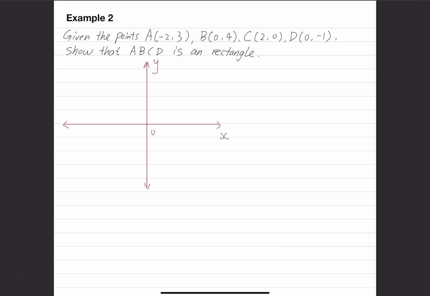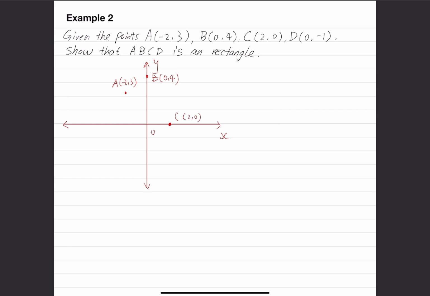So let's say you have a point A, which is -2, 3. So that's going to be in quadrant 2, right? So let's roughly say this is A. And then we have B, which is 0, 4. And then we have C that is 2, 0.